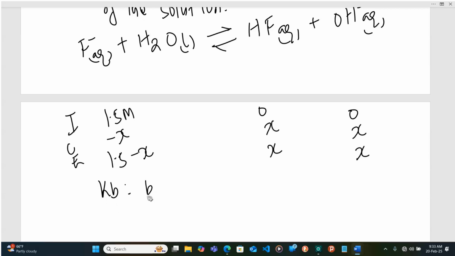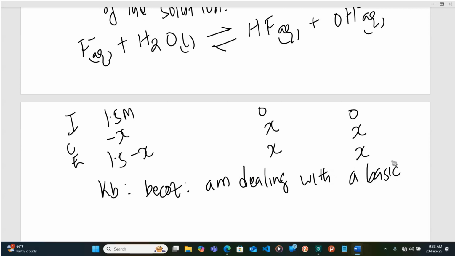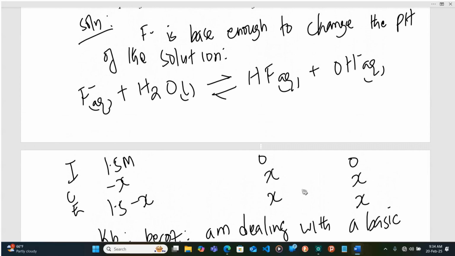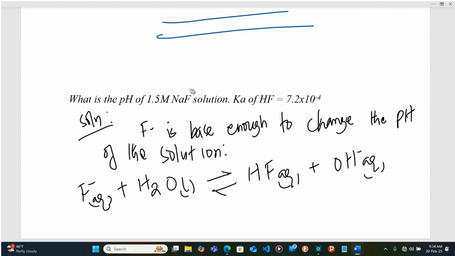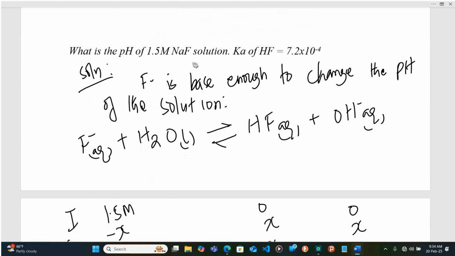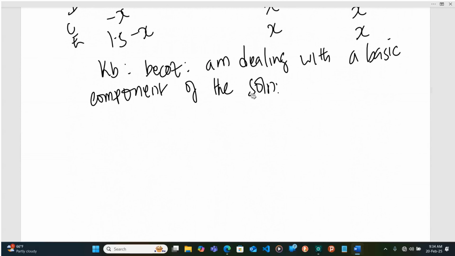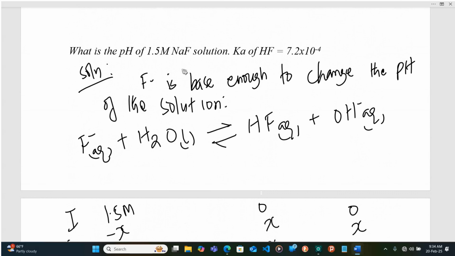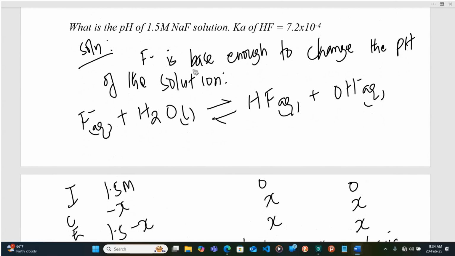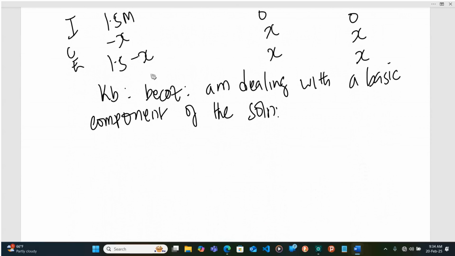Meaning, I'm going to write down Kb because I'm dealing with a base or a basic component. Because we said if this is a solution of sodium fluoride, and the fluoride ion is basic enough to change the pH, then I'm going to be using Kb, and then I'll be able to determine the pH of the solution.